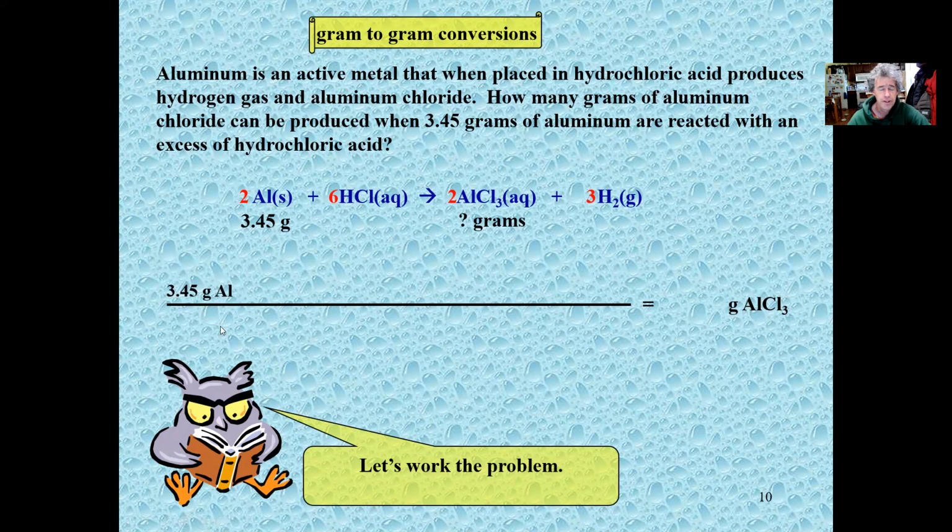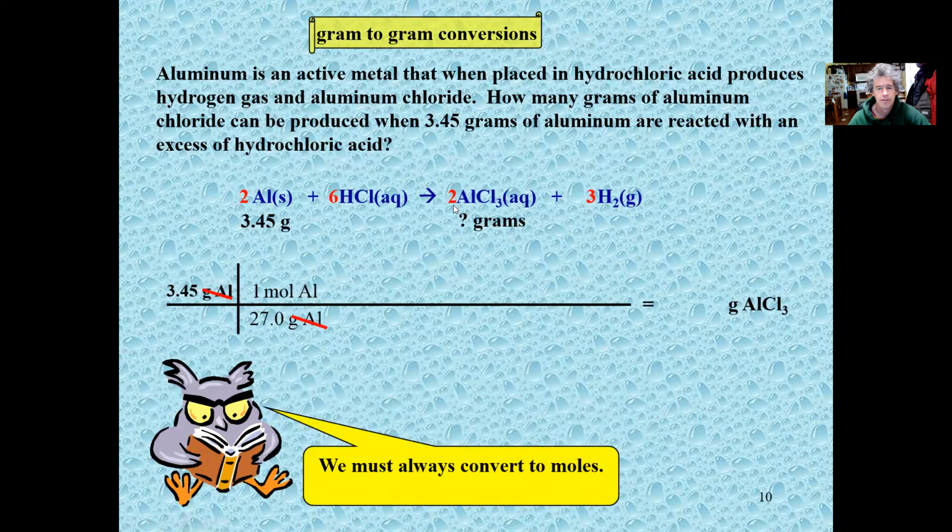and go to grams of aluminum chloride. Well, the first step, like we said, is going from grams to moles of our have. And our have, again, is aluminum. So 1 mole of aluminum is 27.0 grams of aluminum, and that's from the periodic table. And we set it up with the ratio where the grams will then cancel, okay? And we're left with moles. Now this is moles of have, and the crucial next step, which is kind of new, is to go from our have quantity to our want quantity.